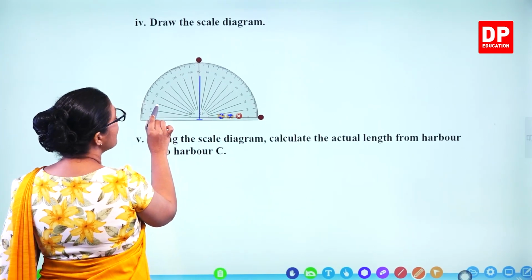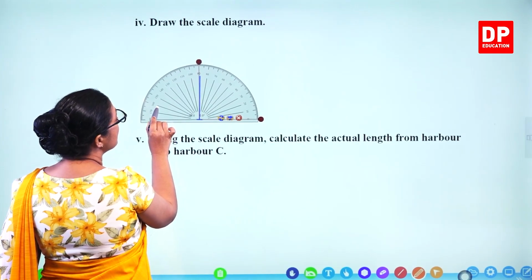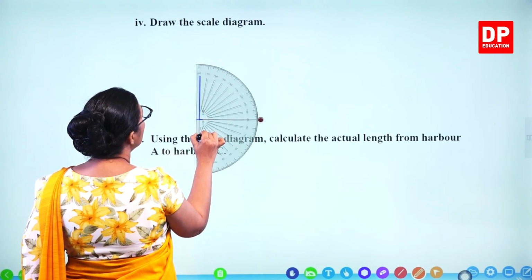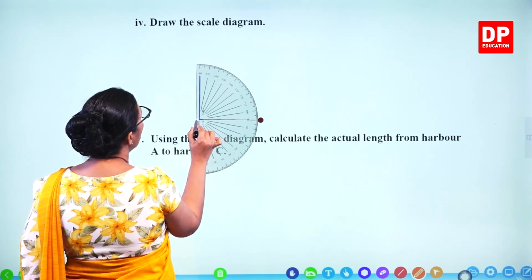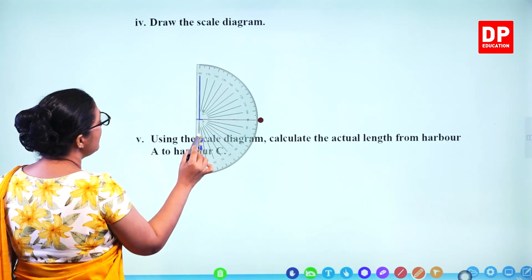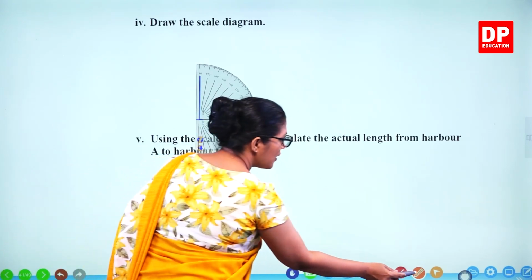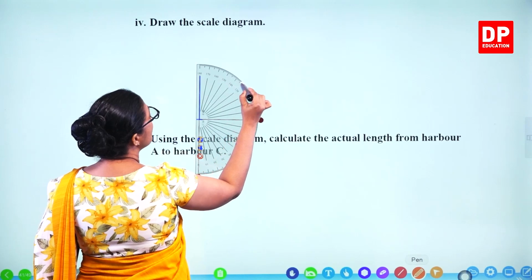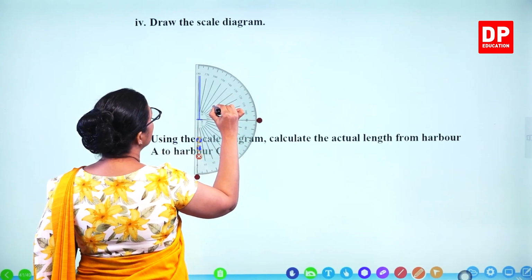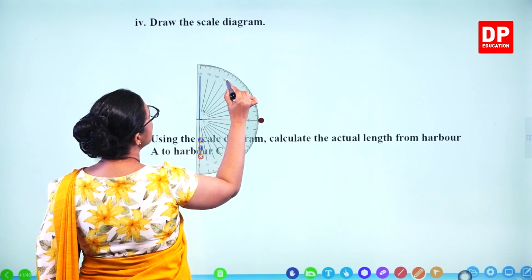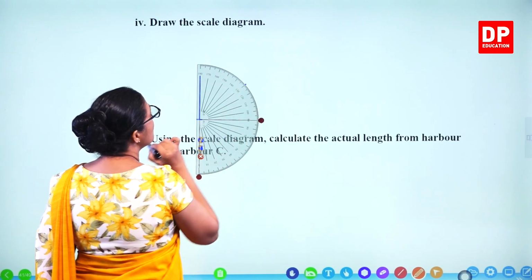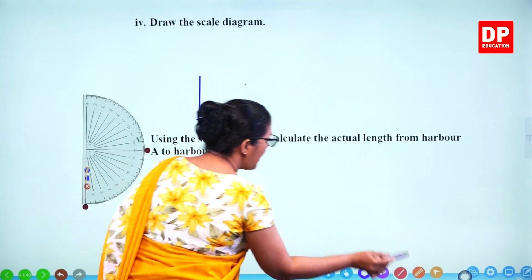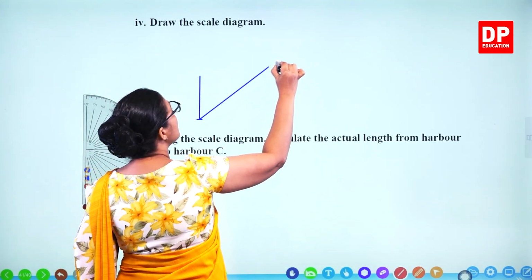You keep it on point A, this zero point, and then from north, 10, 20, 30, 40, 50. So you mark it. So you put a dot here, and then we can draw the line from here to here.